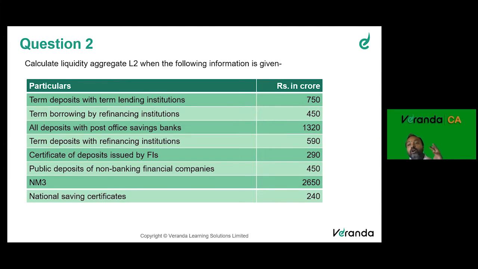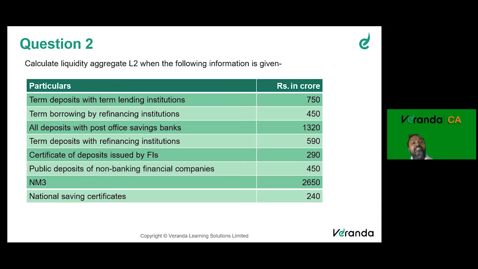So M1 constitutes the basic currency notes and coins circulating with the people, plus the demand deposits, that is, on demand they can go to the bank and get the money, either in the form of current or savings accounts, plus the bankers' money with the RBI. That constitutes measure 1, M1 money.